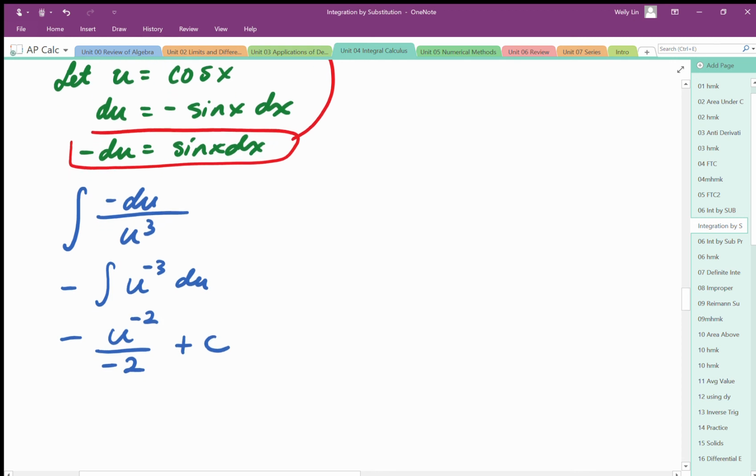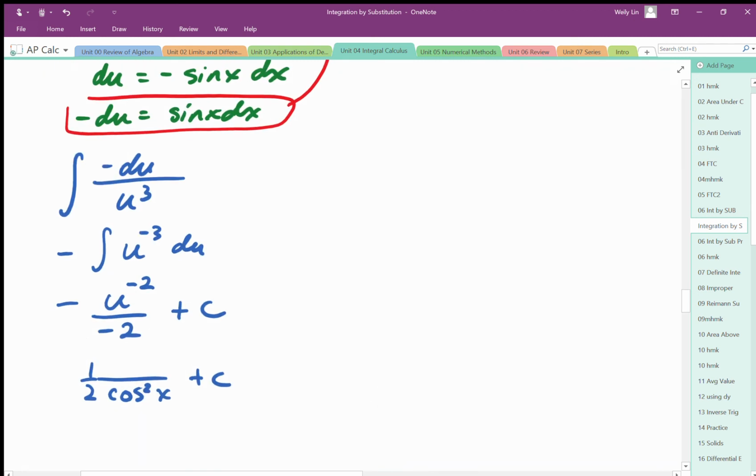And again, we're going to replace that u with an x expression, where u was equal to cos x. So then the negatives cancel out, and I'm going to end up with 1 over 2 cos squared x plus c. So there's my integral function once I plug that all back in.